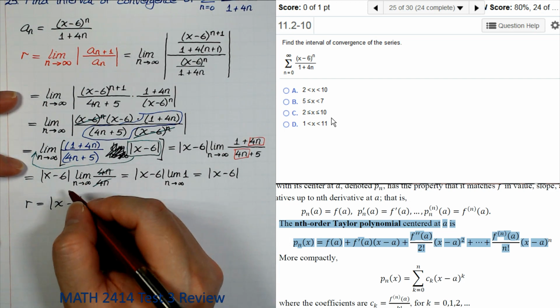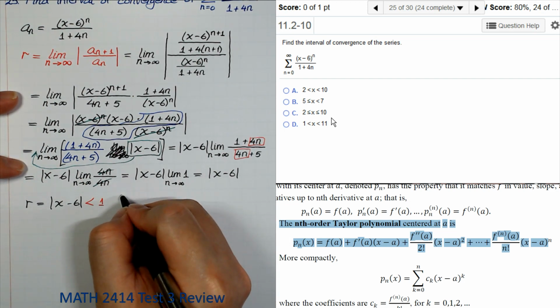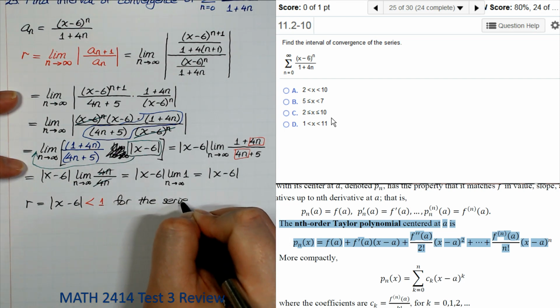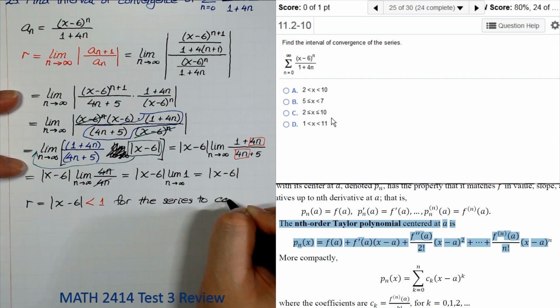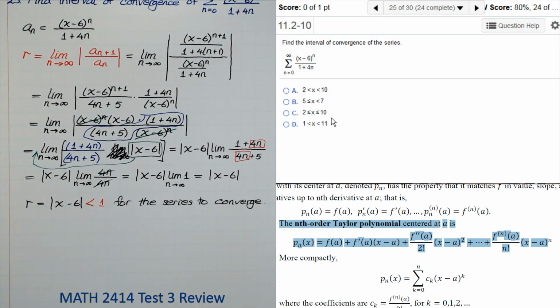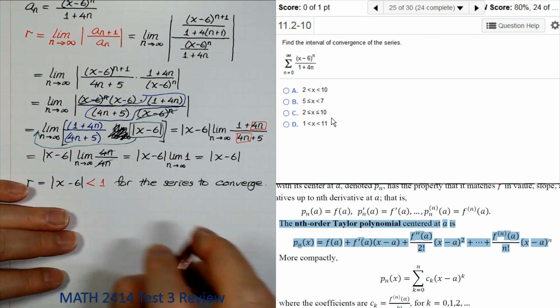The ratio test says this is less than 1 for the series to converge. So when we write it like this, 1 is the radius of convergence.